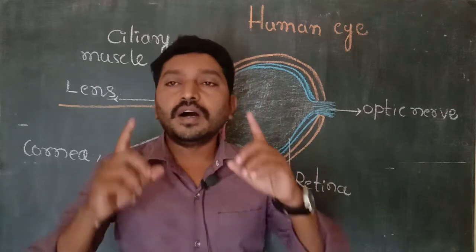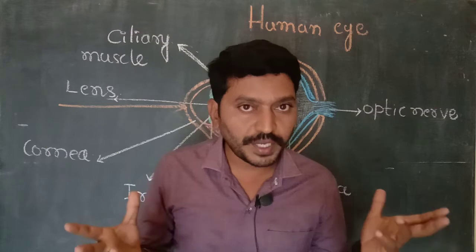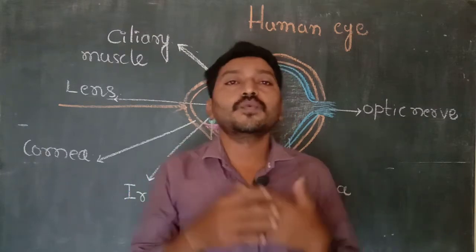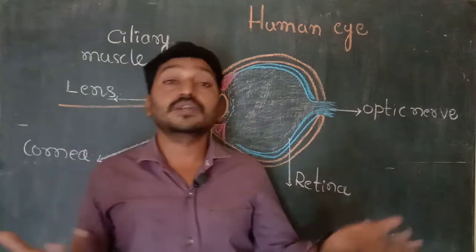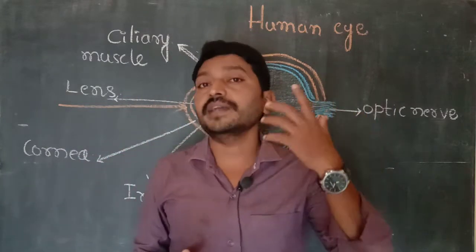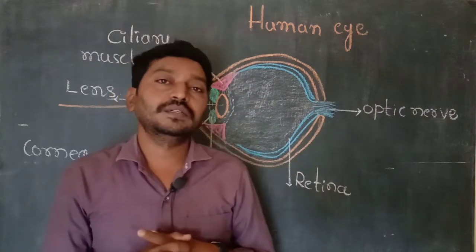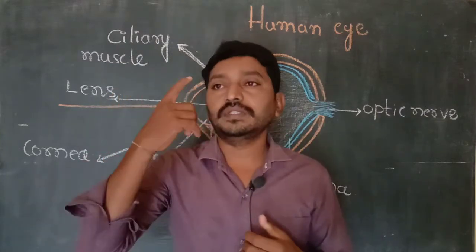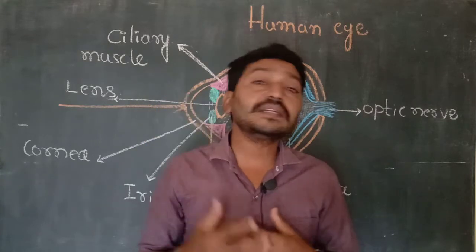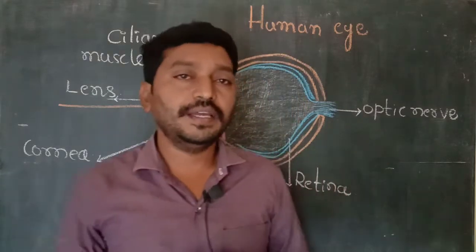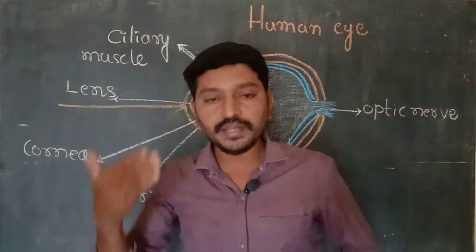Among them, the eye is the most important sense organ in the human body, because we have to see this wonderful, beautiful surrounding because of the eyes. So we should learn and study about the eye, how it works, and what the internal structure of the eye is. So let us study one by one.